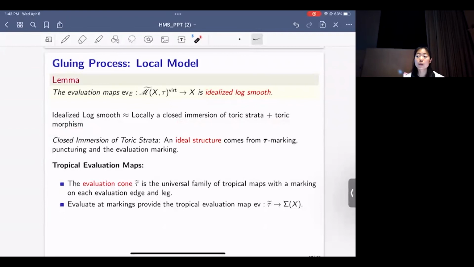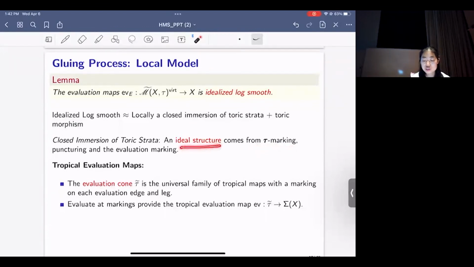And we have very good control over how this local toric model looks, because we know the log structure on these toric strata comes from the tropical moduli space.